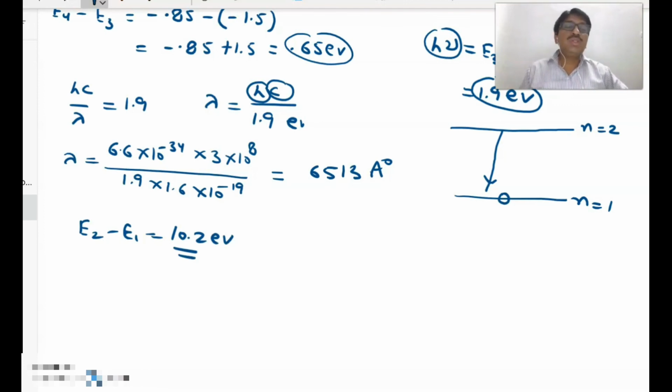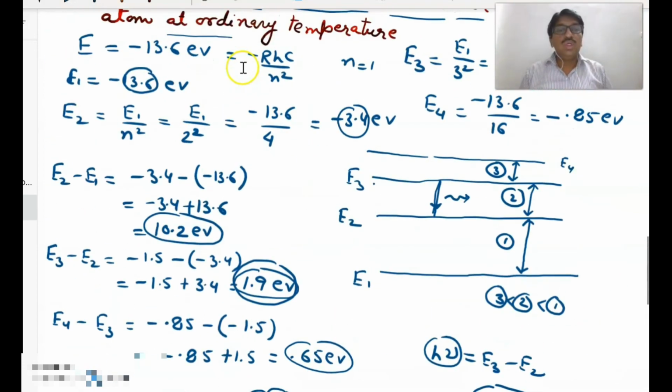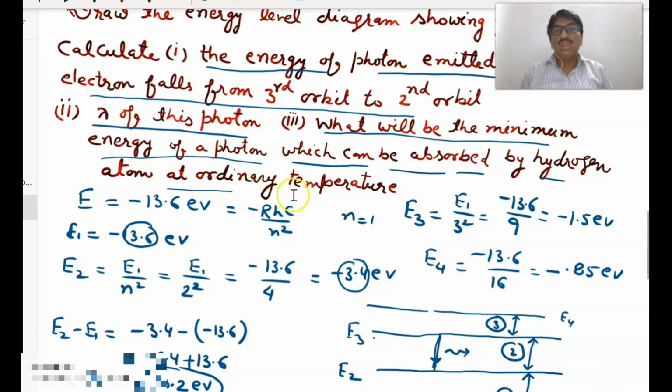At normal temperature, the electron can only absorb energy and transit from 1 to 2, and it can emit a photon during the transition of 2 to 1. So the energy of this transition should be equal to 10.2 electron volt at normal temperature.